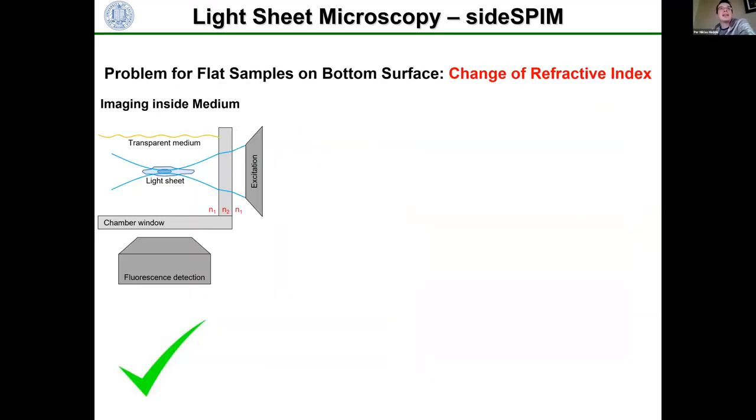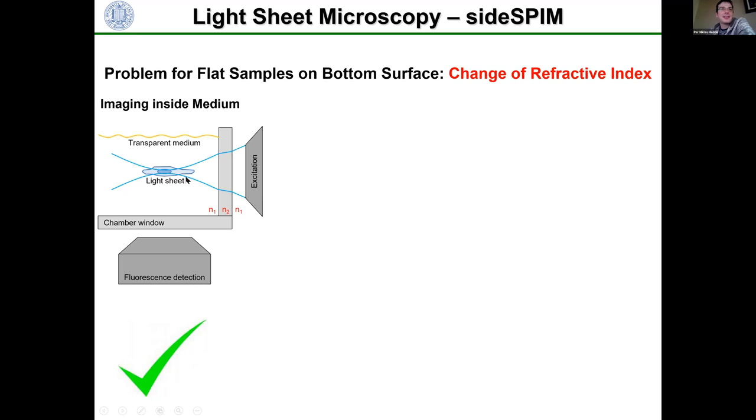Okay, now some considerations about the geometry. So here you see a drawing of the sample chamber with the detection and excitation lens. If it's filled with some water-like medium, and you have your object of interest in the center, then there's no issue.